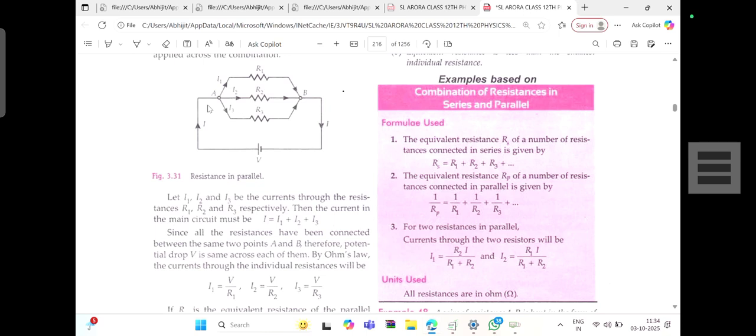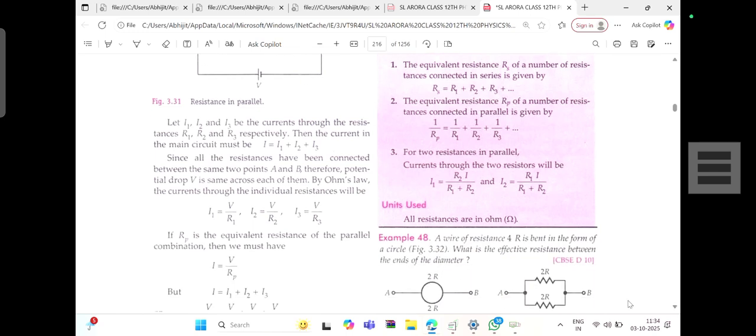By Ohm's law, the current through the individual resistances will be I1 equals V by R1, I2 equals V by R2, I3 equals V by R3.